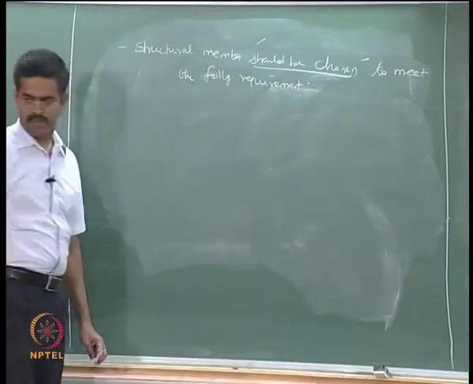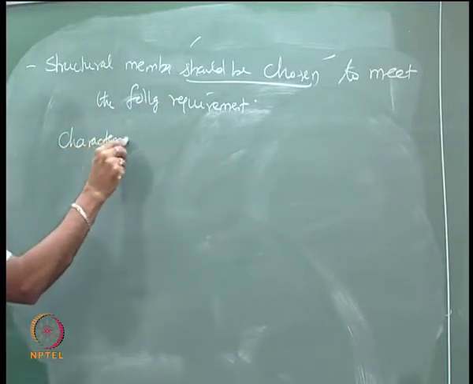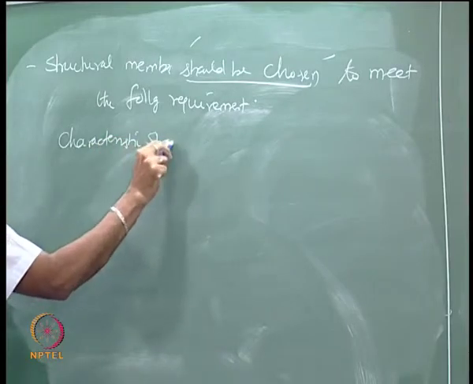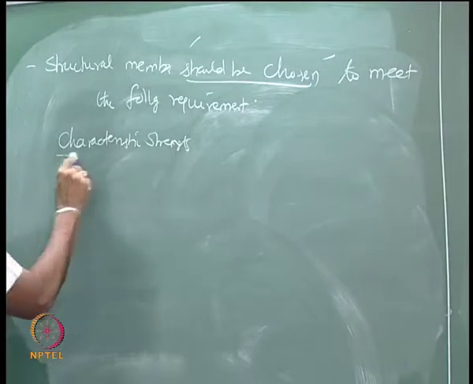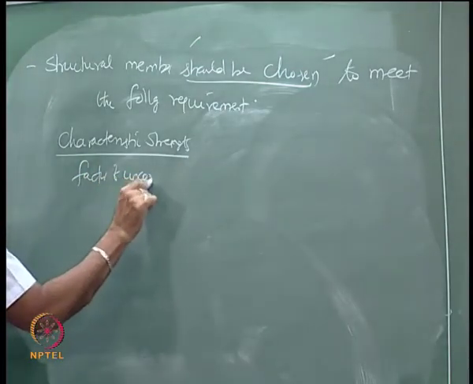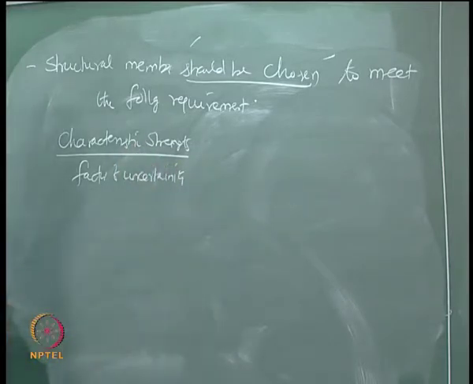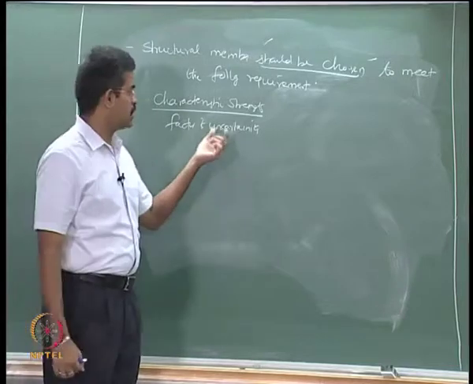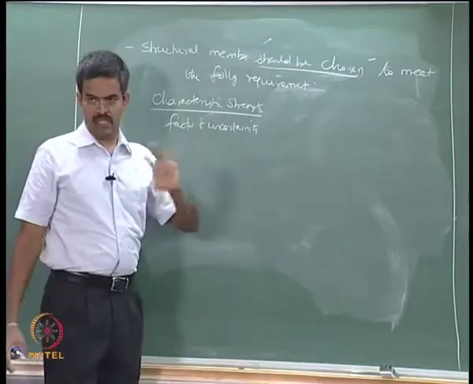What is that requirement? Characteristic strength by, I should say, factor of uncertainty. I will tell you very clearly why I am not saying this is factor of safety. This is called factor of uncertainty.